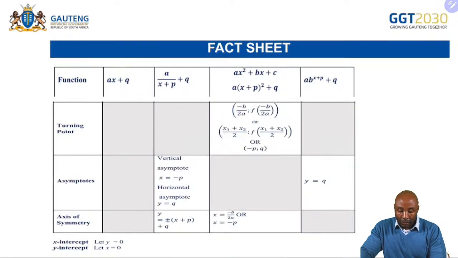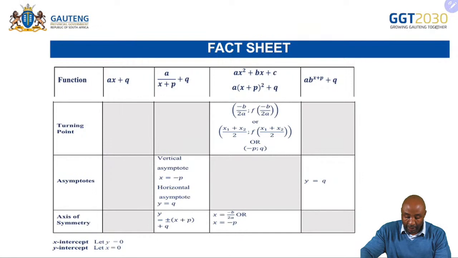You will also realize that our linear function has no turning points, no asymptotes, no axis of symmetry, but our hyperbola has a vertical asymptote given by that equation, a horizontal asymptote, and also the equation of the axis of symmetry given there.